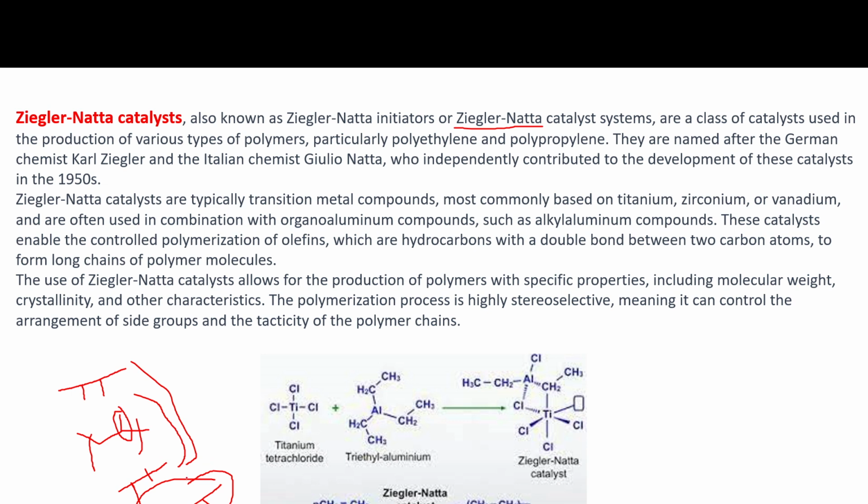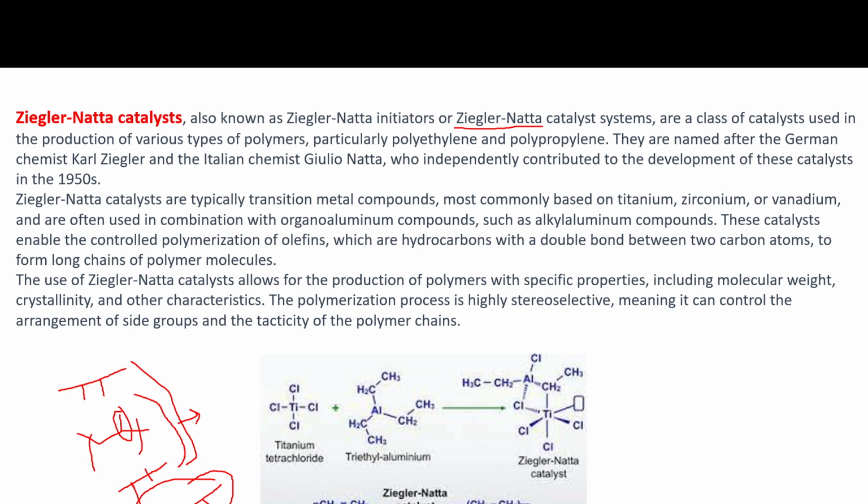Also, the thermal properties of these polymers are different. When there is high crystallinity, the polymer has a higher melting point or higher Tg, and when there is low crystallinity, it has a lower melting point. So if you want to get polypropylene that is isotactic or syndiotactic, the question is how we can get it.